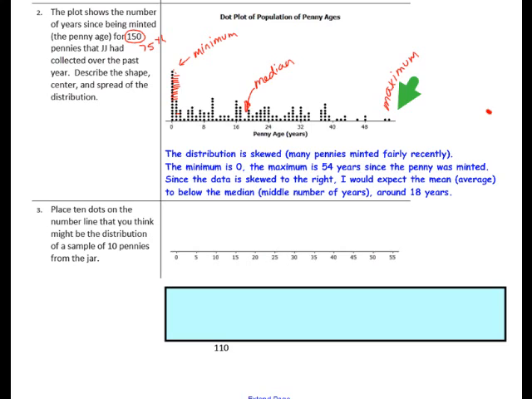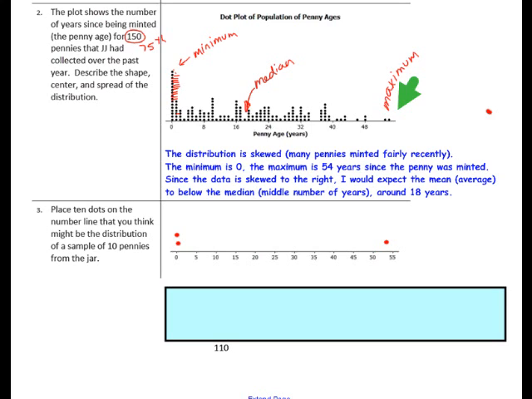Okay, one of the things that I notice is that there are a lot of newer pennies. So I'm going to put several of my pennies as younger or newer. 1, 2, and then the oldest penny was between 48 and 50 years old. So I'm going to put a penny over there as well. Then I have some pennies in the middle.